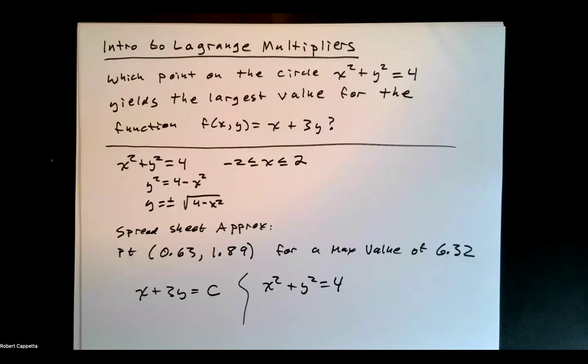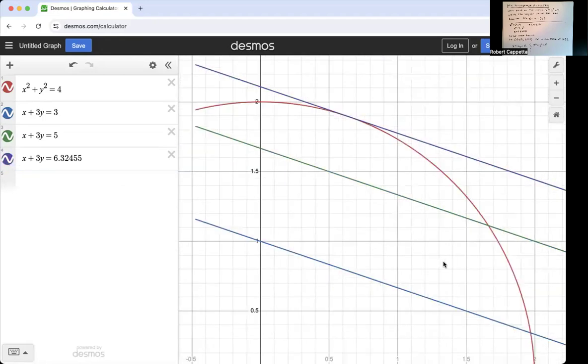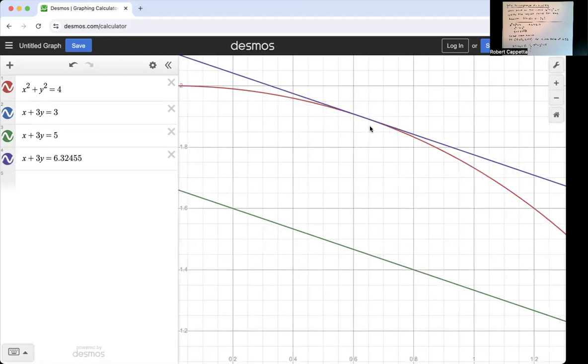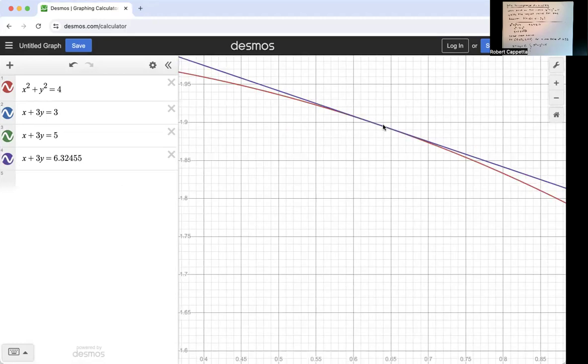The spreadsheet gave us 6.32455. Does that look even better? Plugging in 6.32455, it now looks like a tangent at this level of magnification. As we zoom in, we can see, probably beyond the scope, that it's a pretty good approximation of a point of tangency.